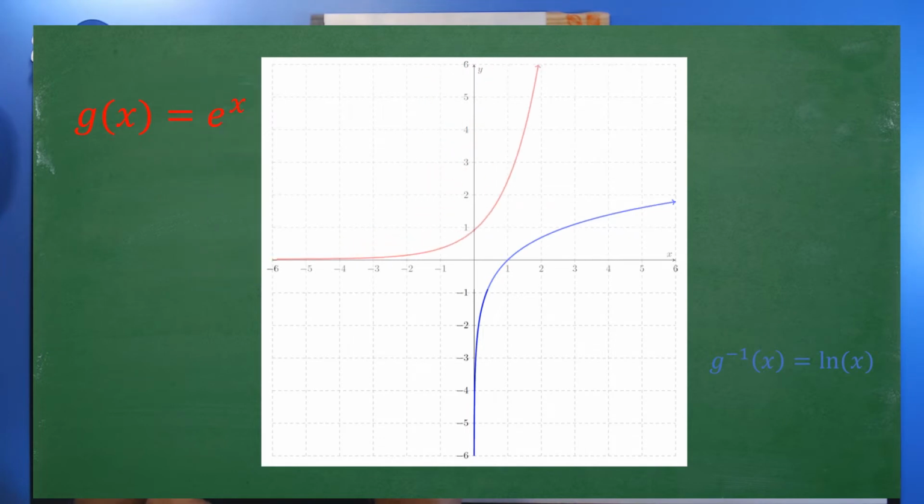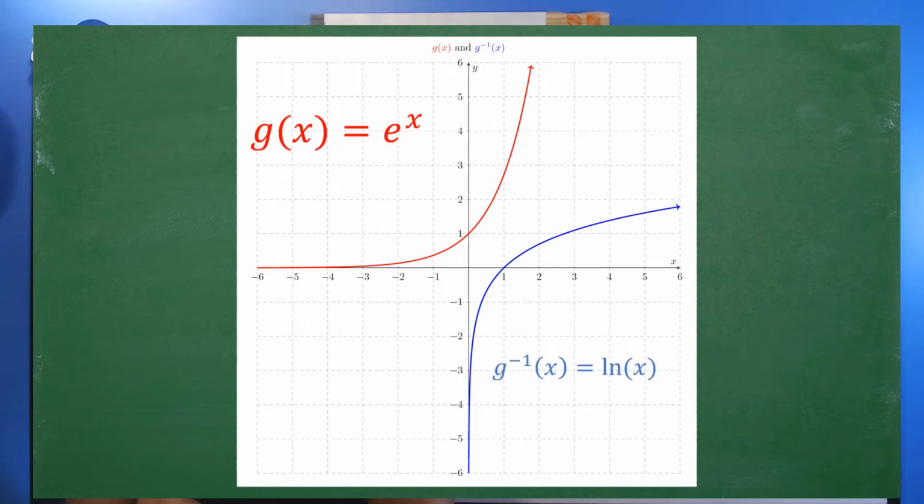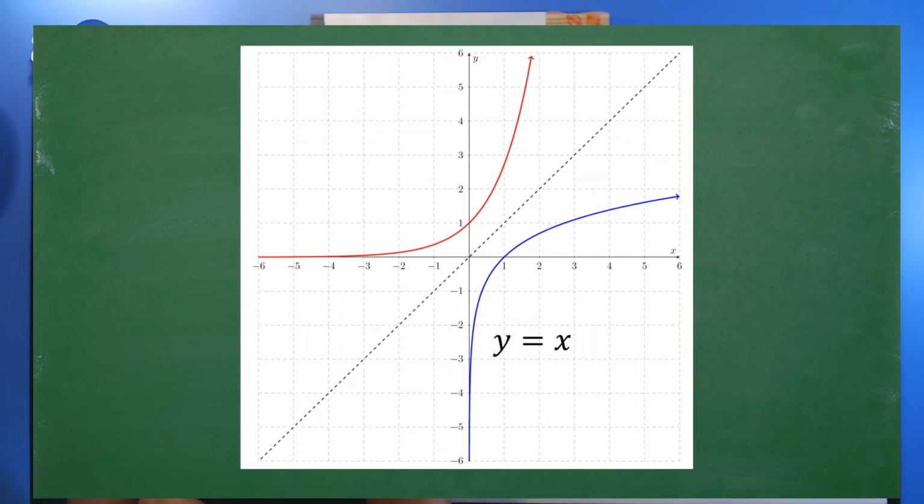As you can see from the graph, the inverse is simply a reflection across the line y equals x. Whatever you used to have on the right-hand side of that line, you now have flipped on the left-hand side of that line.